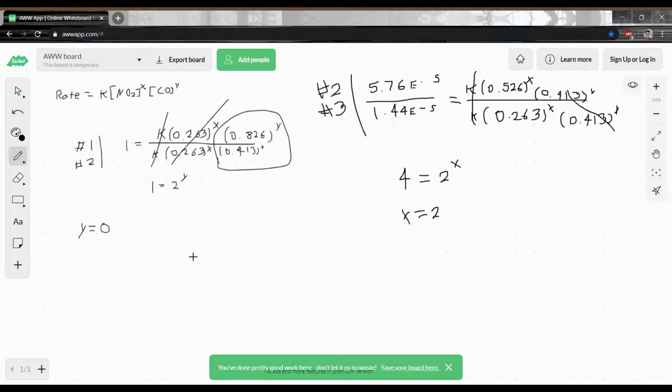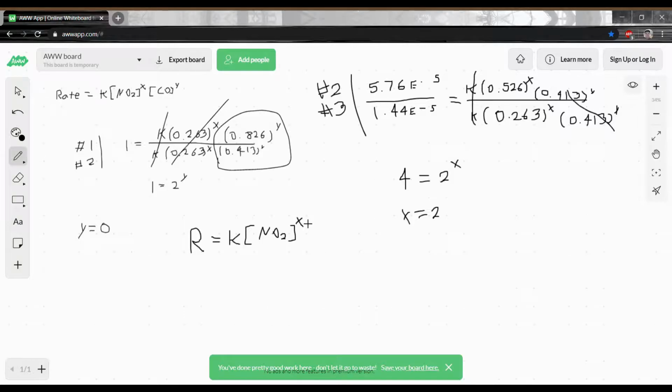That means our equation, I'm going to write rate as capital R, is equal to our rate constant K multiplied by the concentration of NO2 raised to the x power multiplied by the concentration of CO raised to the 0 power. Remember, anything raised to the 0 power is 1, so we could choose to not even write it. We might write it down just to show that we have done the work. Raised to the 0 power. However, it cancels out. Doesn't matter.